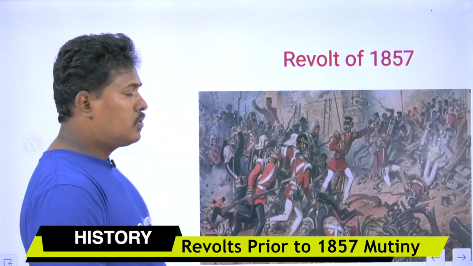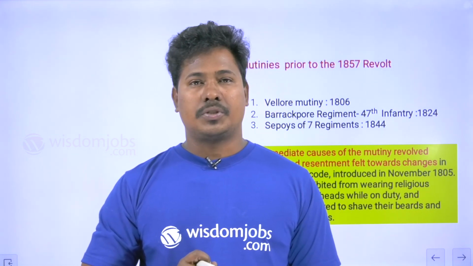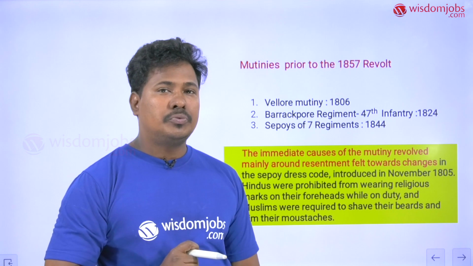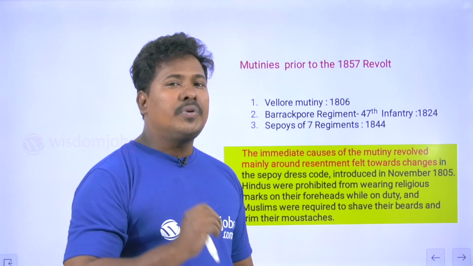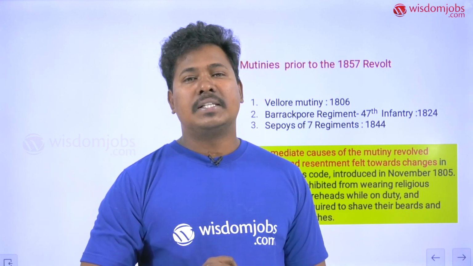So first of all, let us discuss the mutinies prior to the 1857 revolt. There were three important mutinies that occurred prior to the 1857 revolt.